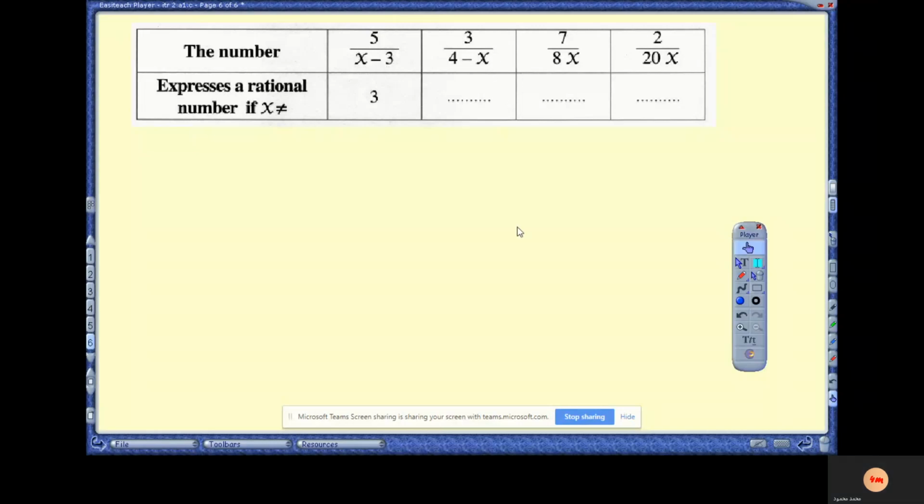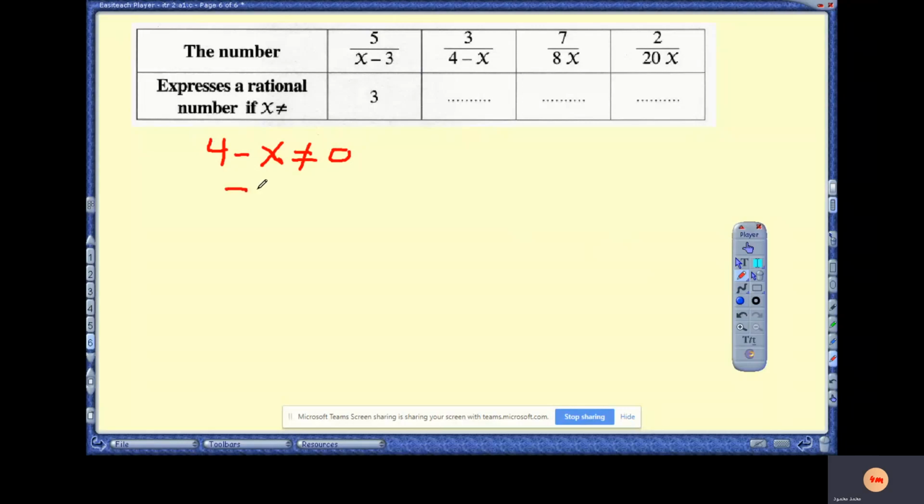In the second, 3 over 4 minus x, you will make 4 minus x not equal 0.